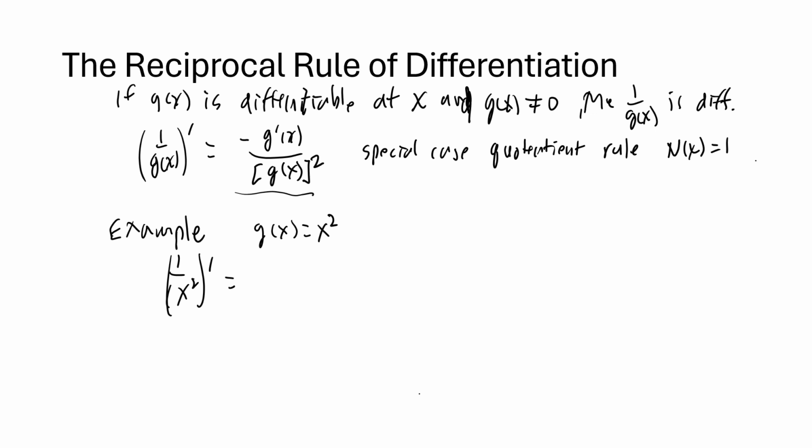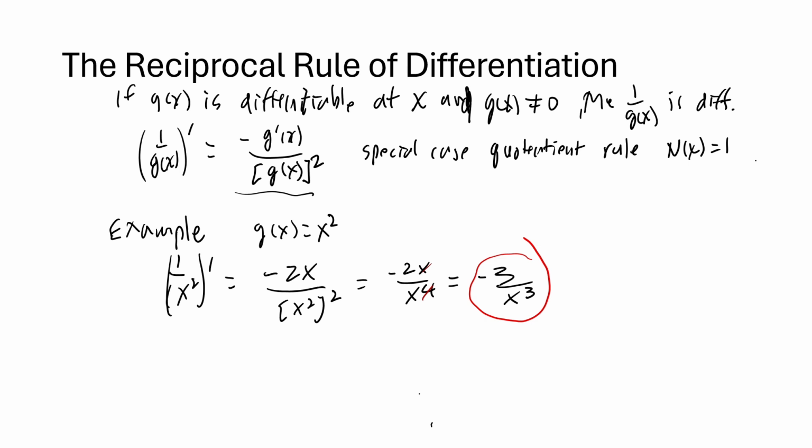So we're going to get minus g prime of x, which is 2x, because the derivative by the power rule of x squared is 2x, and we get the minus in front of it, over x squared quantity squared. So that's minus 2x over x to the fourth. That's minus 2 over x cubed, because one of the x's cancels out. So there's our answer for that.